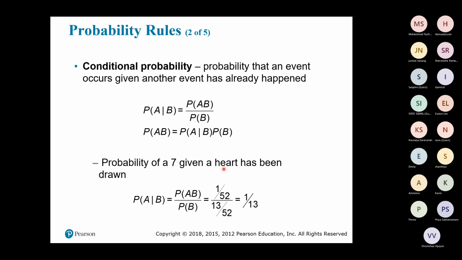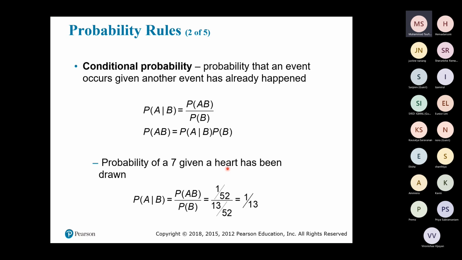So you want to calculate the probability of a 7 given a heart has been drawn. It means that you want to know the probability that after you pull a heart, you will pull a 7. That is the conditional probability that you want to calculate.